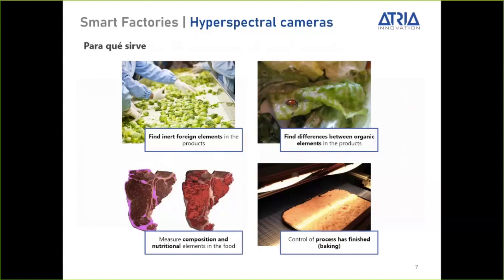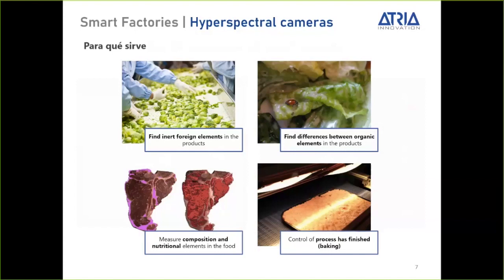Then another very interesting application is to measure the composition and nutritional elements in the food. This can be used, as you can see in the image, for example, to detect where the grease is, which would be the pink areas, and where the protein is, and also the percentages, not only the presence, but we can see what the percentages are.